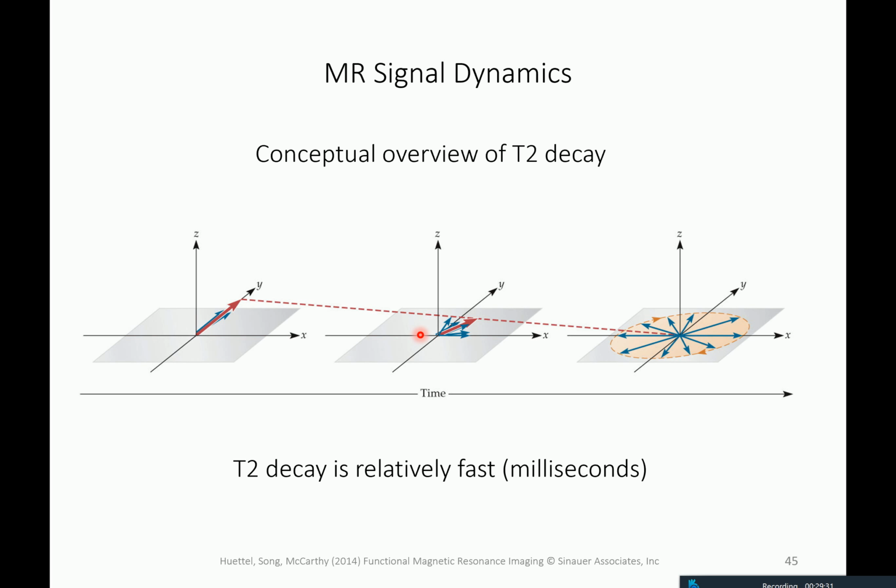The rebuilding in the Z direction happens more on the order of seconds. Typical T1 time constants are on the order of seconds. So these two things happen in parallel, but because this one is much faster, it is happening right now, and the other thing will happen then with a different time scale.